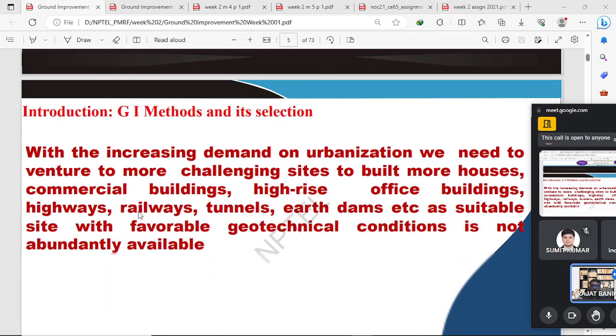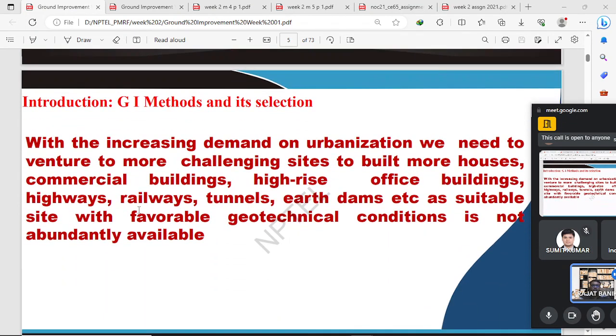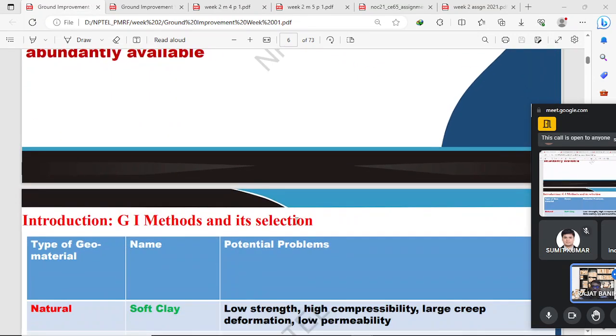Then we studied why ground improvement is needed. Suitable ground is very rarely available, or a favorable ground condition is not available. That's why we go with ground improvement techniques.